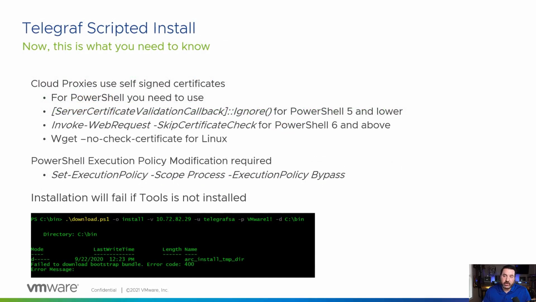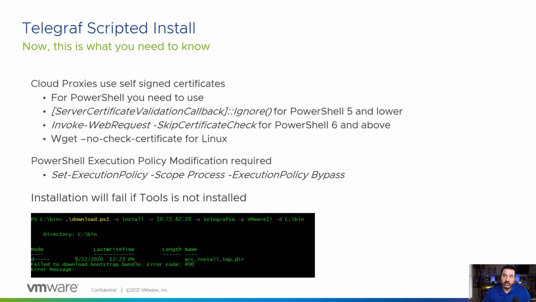Now, a couple things to call out too. For Windows, for example, the cloud proxies are using self-signed certificates. So for PowerShell, we need to be able to basically skip the certificate check. This slide highlights what you do if you're running PowerShell 5 or PowerShell 6.